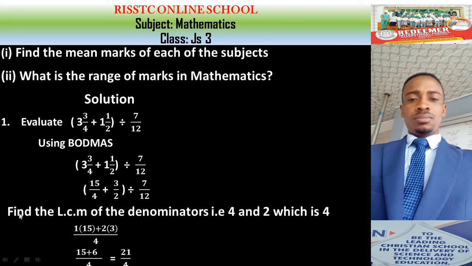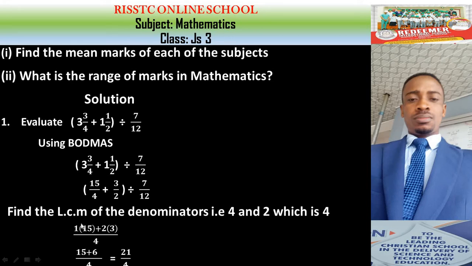The next step is to find the LCM of the denominators, that is 4 and 2, and our LCM here is 4. Now write your LCM here at the bottom. Now move straight to the denominator here, that is 4. How many 4s can we find in 4? Which is 1. You can see, write 1 here.